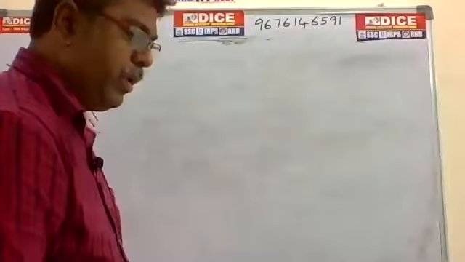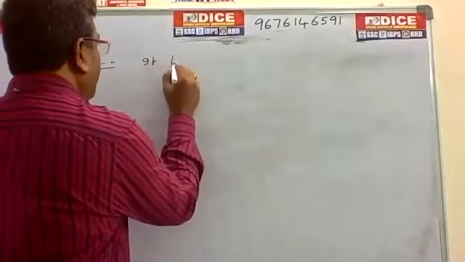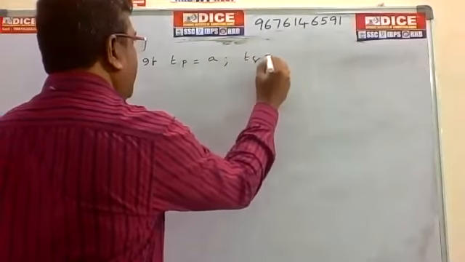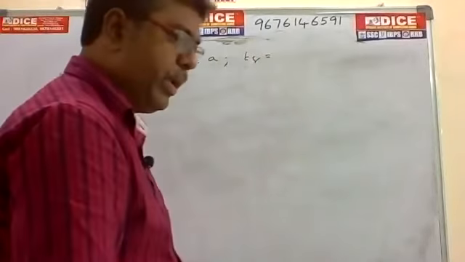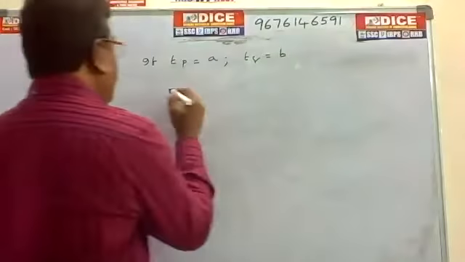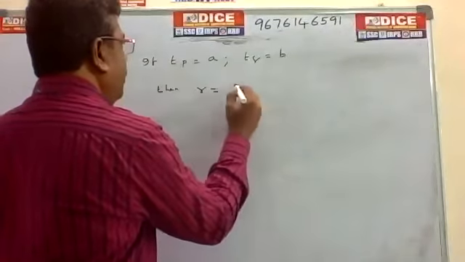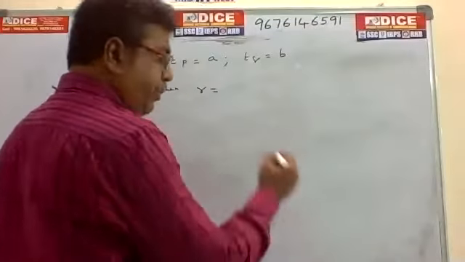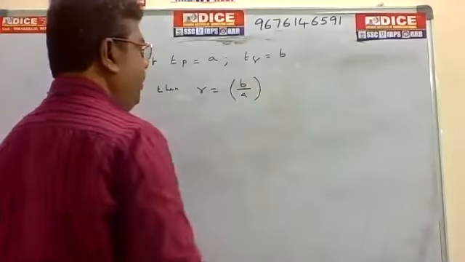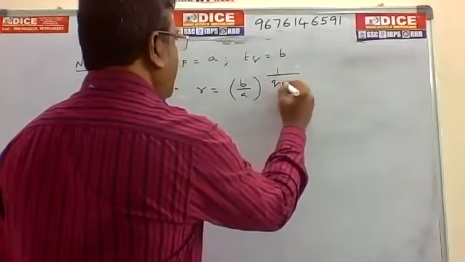Note: if TP is equal to A and TQ is equal to B, then R is equal to (B by A) to the power of 1 by (Q minus P).